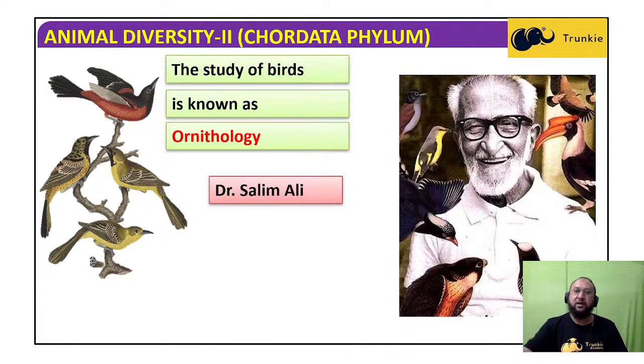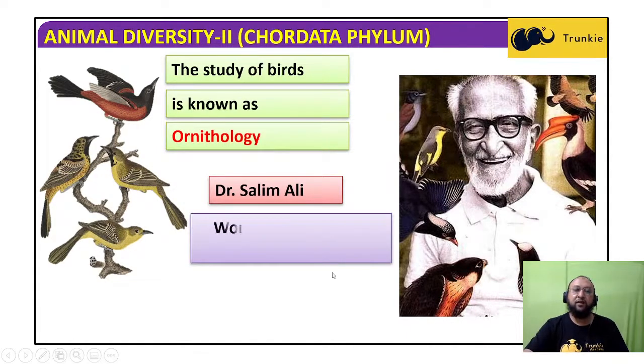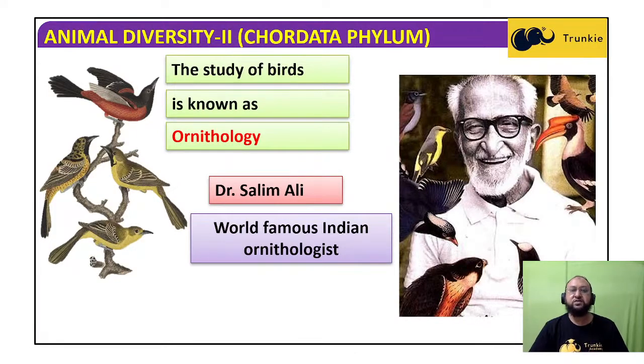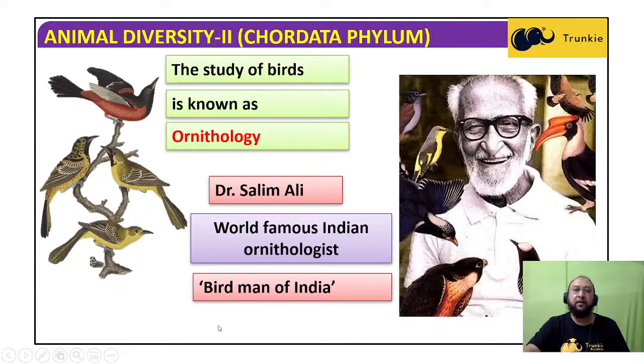He was from South India, a very famous bird watcher and Indian ornithologist. He extensively studied different types of birds and is regarded as the first famous Indian ornithologist. Another nickname given to him is the Birdman of India.